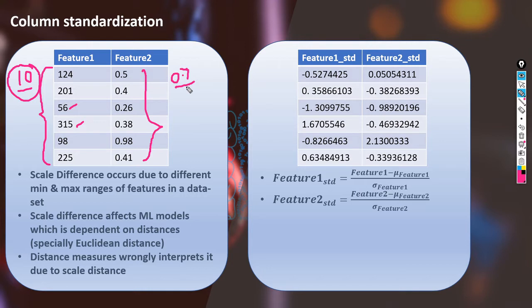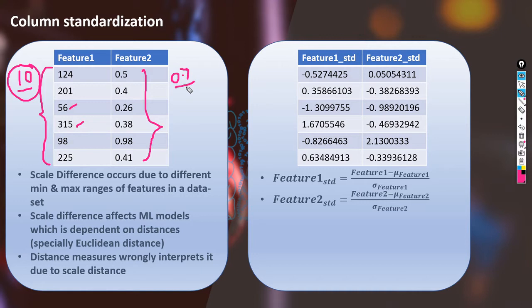So it's actually huge. Intuitively, for the first time, you might think that 10 is much greater than 0.7, so obviously the difference will be much more in feature 1. But think logically that 0.7 in feature 2 is almost 70% of the maximum value of feature 2, isn't it?